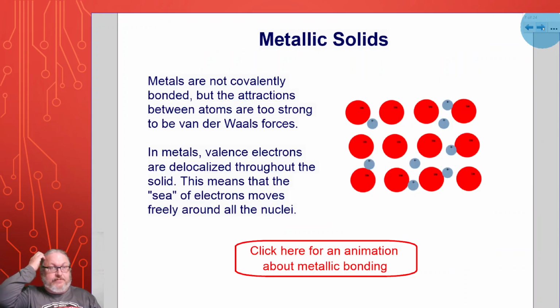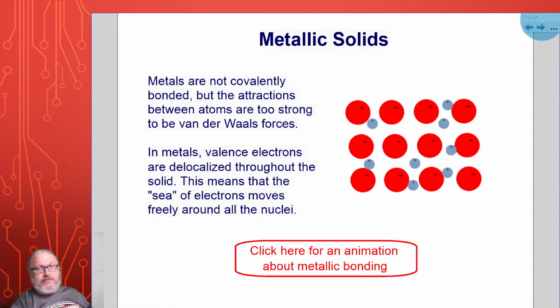Now metallic solids. Now these are not covalently bonded, all right? And these attractions between the atoms are way too strong for intermolecular forces. So in metals, the valence electrons, the outer electrons, are delocalized. They're not owned by any one atom. So these will move around freely around all of the nuclei.